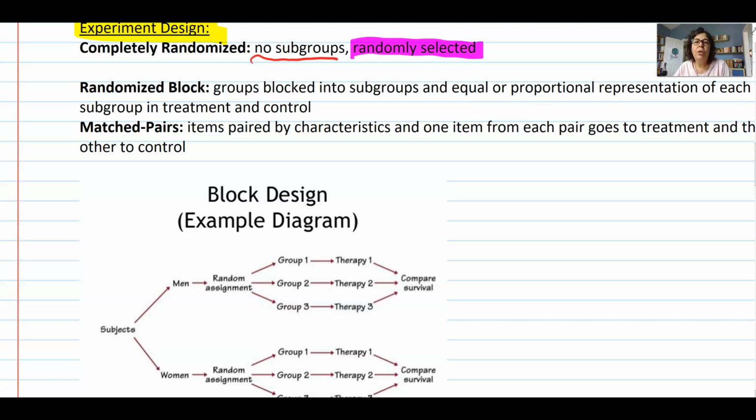Randomized block, we are grouping into subgroups, and then we are taking equal or proportional representation. Match pair, you're pairing them, like pairing the twins, pairing the tires, or before and after of the experiment. So for each of them I will try to give an example.